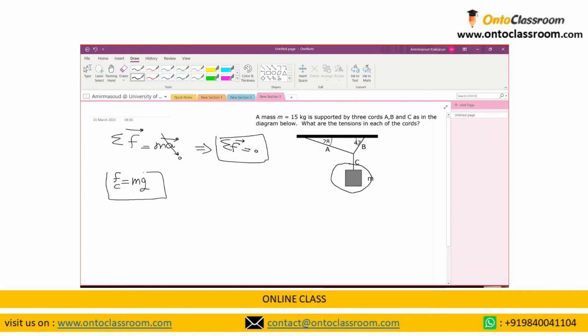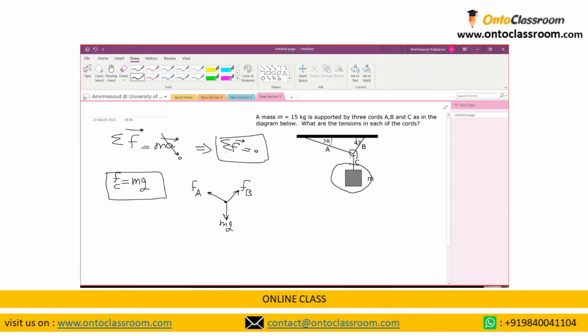So if I want to calculate the forces in chord A and B, I consider this node here. This is F of A, and this one is F of chord B. And I have another force here that I calculated before. It is mg.